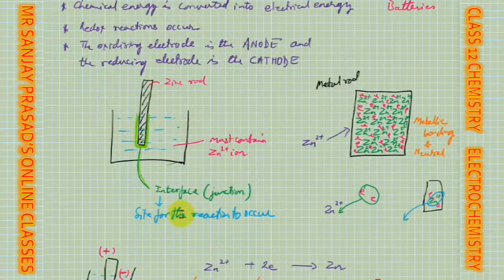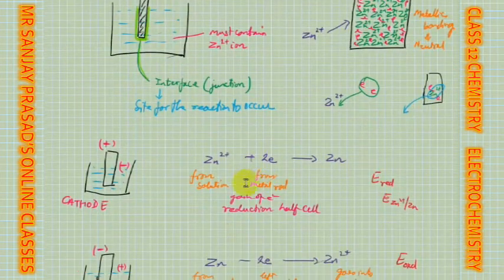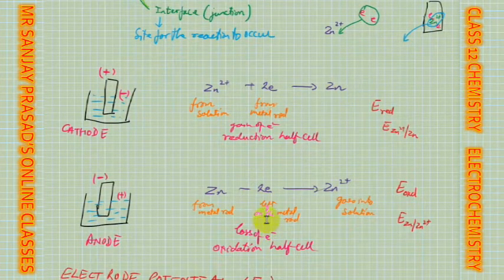When I dip it, then either oxidation can take place or reduction can take place. You can see here in the first case, zinc ion from the solution takes 2 electrons from the metal rod. So the metal rod loses 2 electrons, so it becomes positive, and zinc is gaining 2 electrons, it becomes neutral. So the solution is becoming negative and the metal rod is becoming positive.